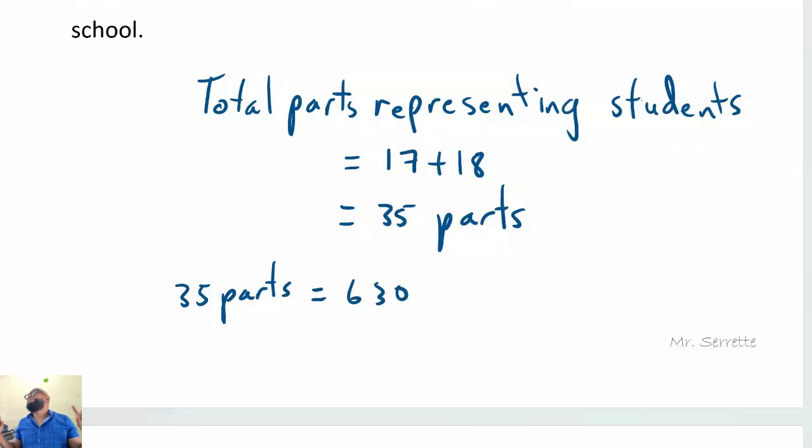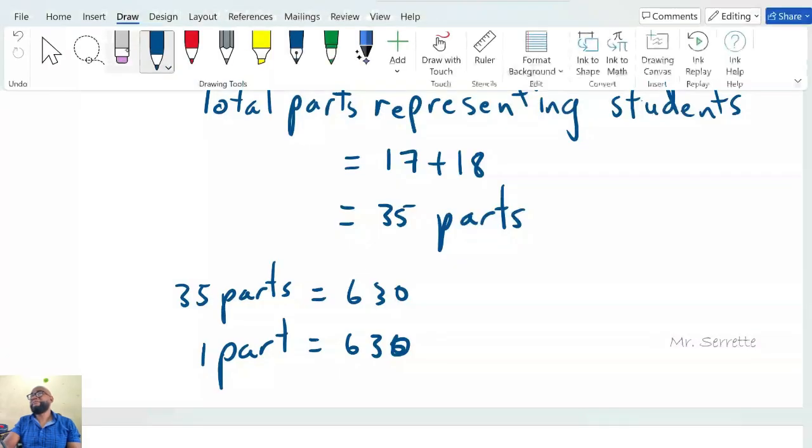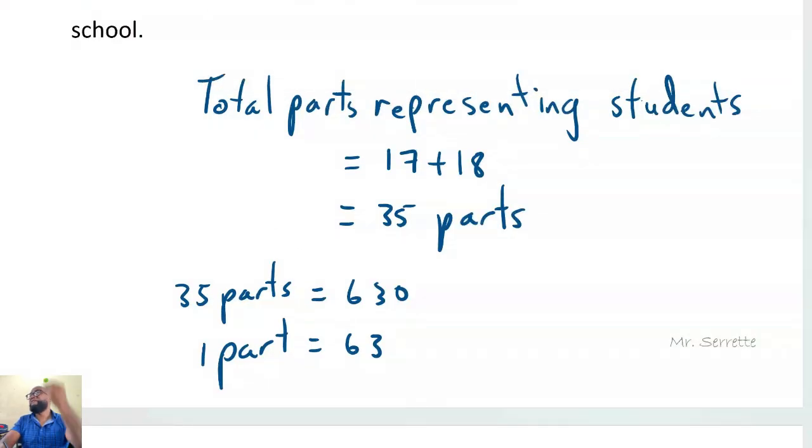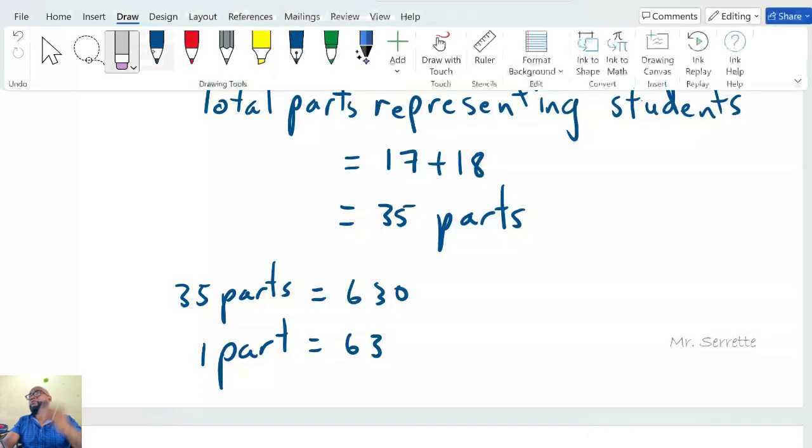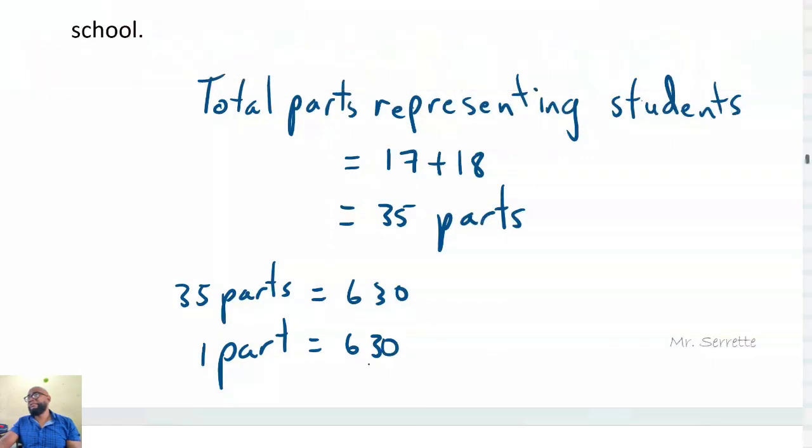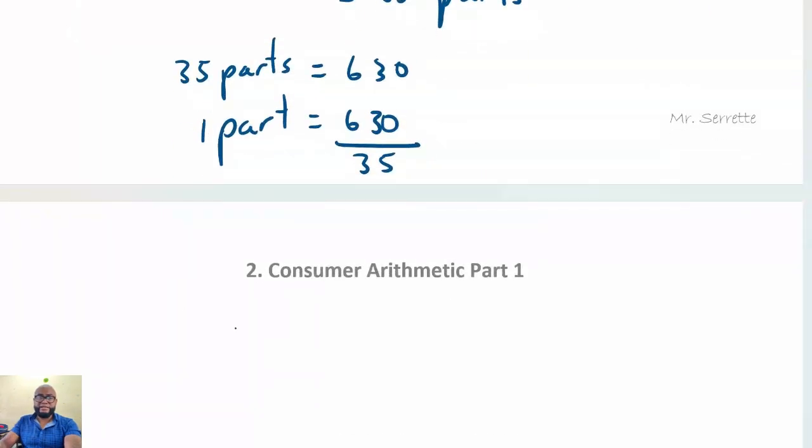And if 35 parts is equal to 630, what will be my working to figure out what 1 part is? 630 divided by 35. So how much represents 1 part, my children? 1 part is equal to 18.